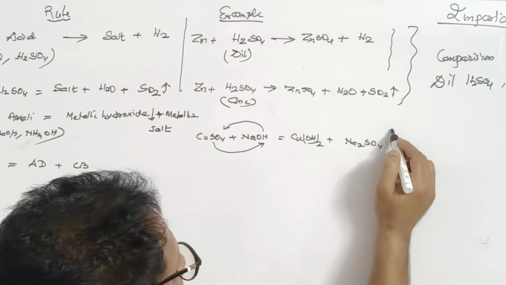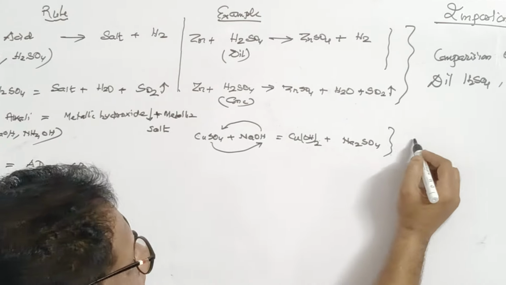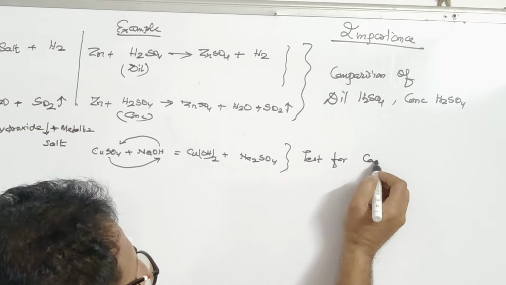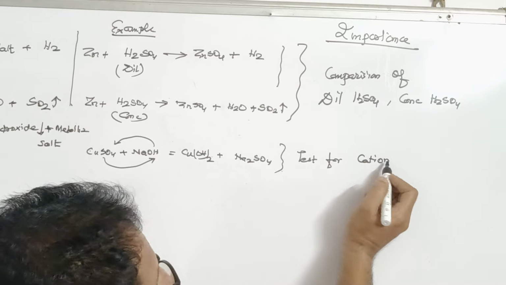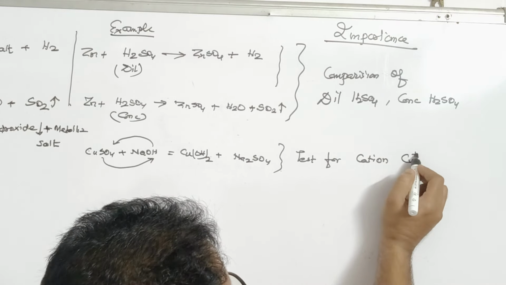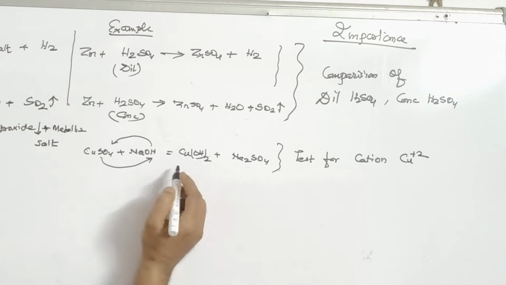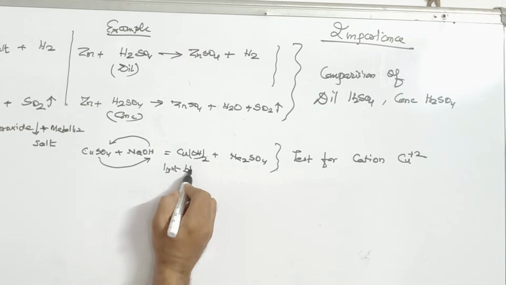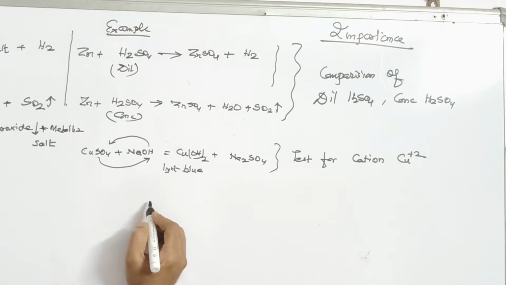So what is the importance of this reaction? It proves the test for cation. Cation means positive radical, cation copper ion, because this light blue precipitate is only for copper hydroxide.